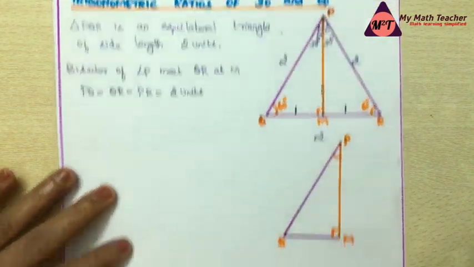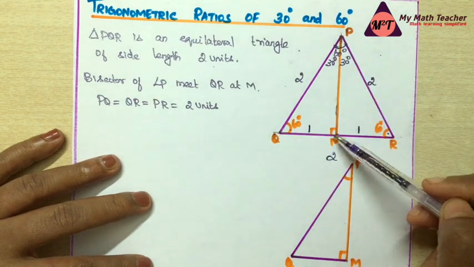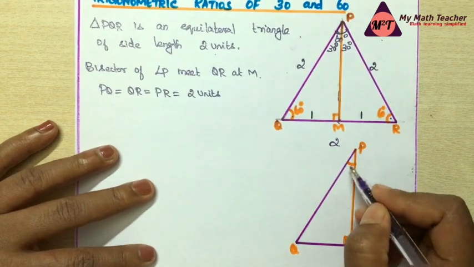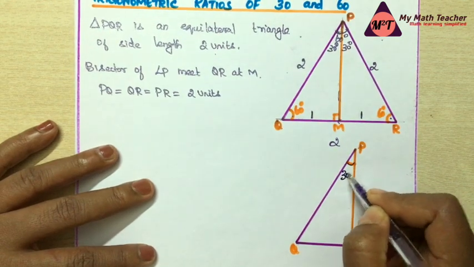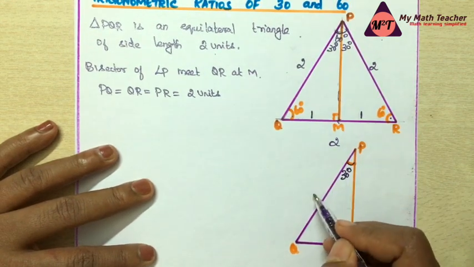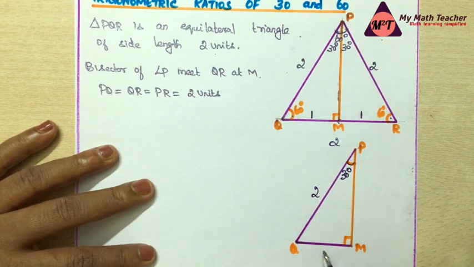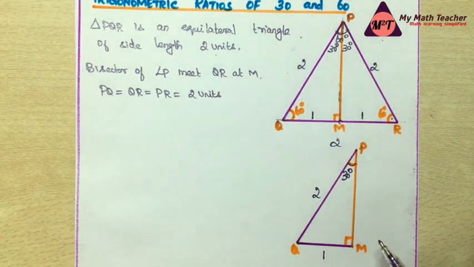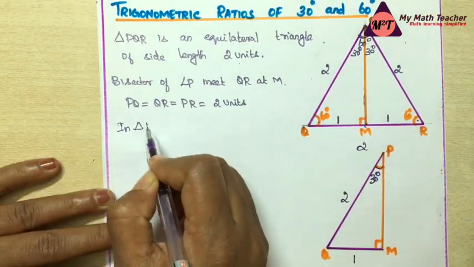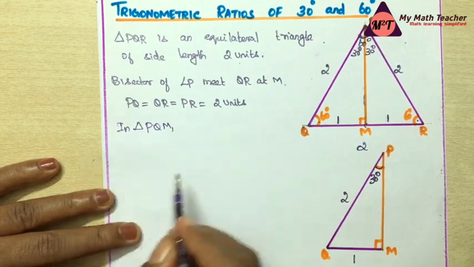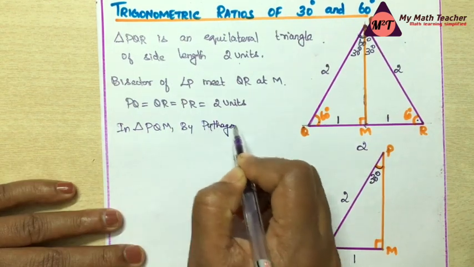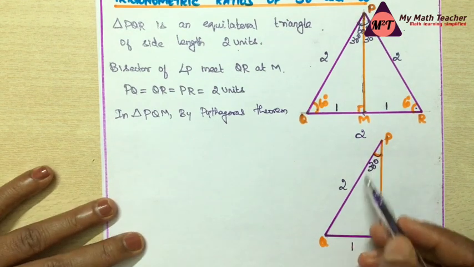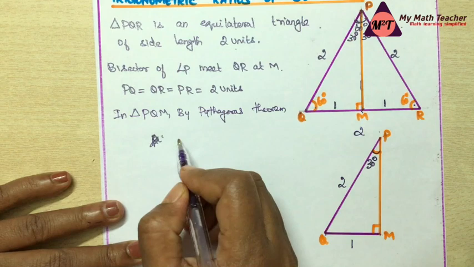Now, this triangle PQM, I have drawn here. This angle is 30 degrees. This hypotenuse is 2 units and QM is 1 unit. Now we have to find PM with the help of Pythagoras theorem. In triangle PQM, by Pythagoras theorem, as we know, QM square plus MP square is equal to PQ square.